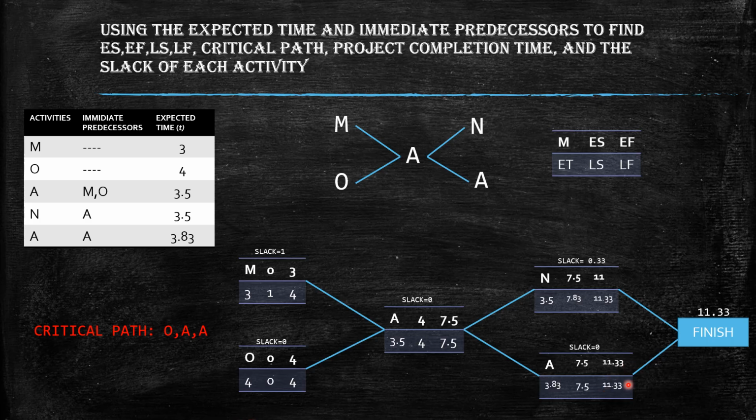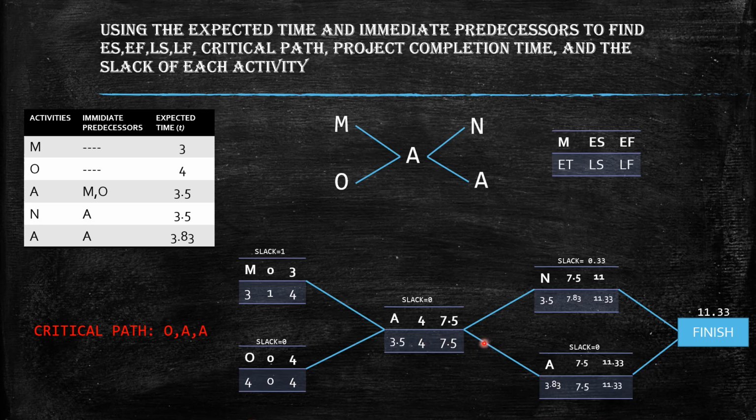We're gonna put the project completion time in the latest finish of both activity N and A. And since the formula of getting the latest start is LF, or latest finish, minus expected time, in that formula, we're gonna get 7.83. 11.33 minus 3.5 results to 7.83. We're gonna do the same here. 11.33 minus 3.83 results in 7.5.